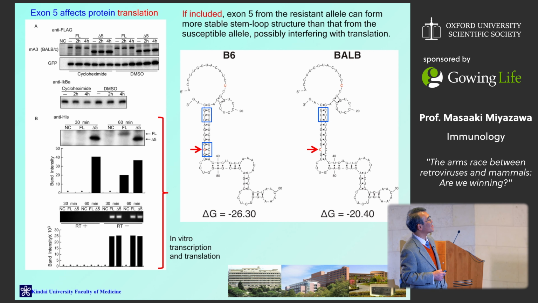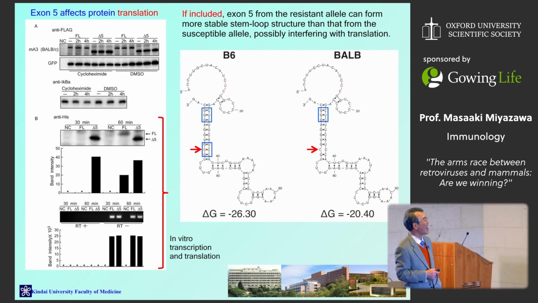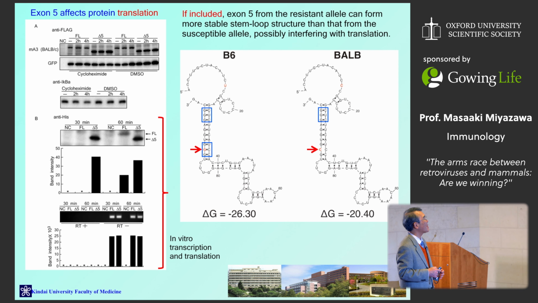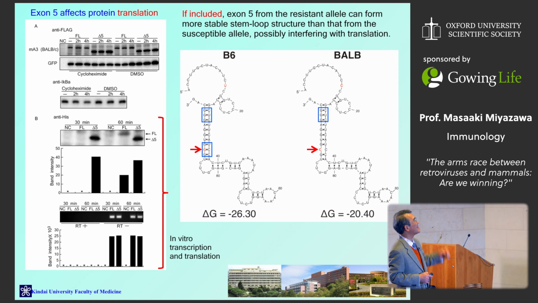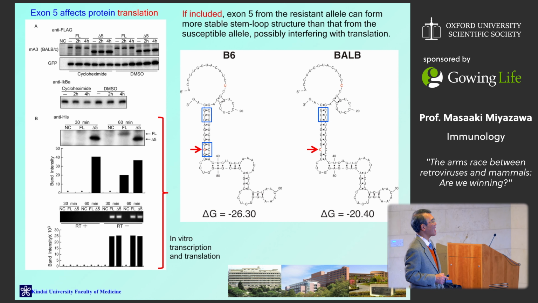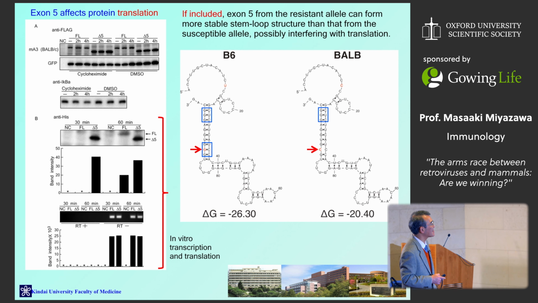Another thing that is associated with the difference between the B6 type and BARC type allele is the presence or absence of exon 5. So this is a little bit complicated slide, but what I'm showing here is that the product of the resistant allele that lacks exon 5 is more stable as a protein than the product of the exon 5 containing susceptible allele.